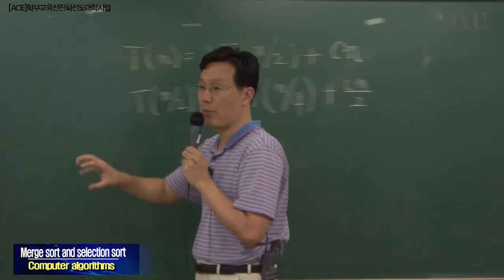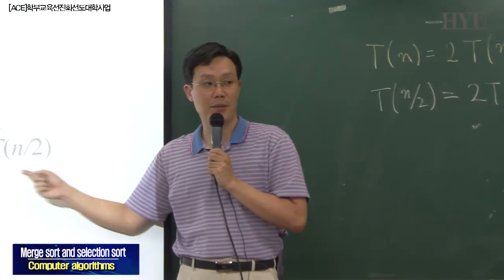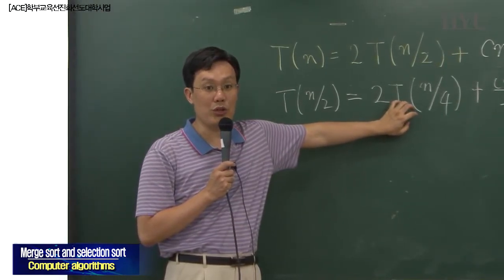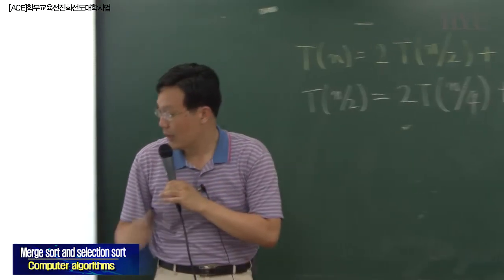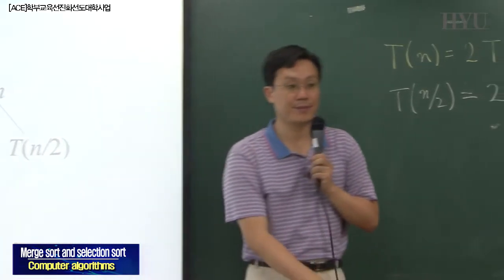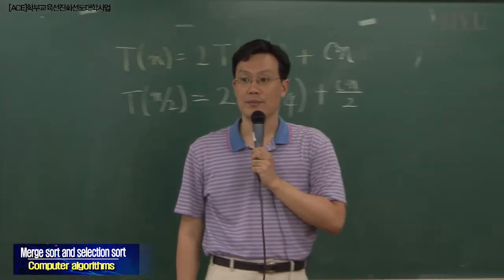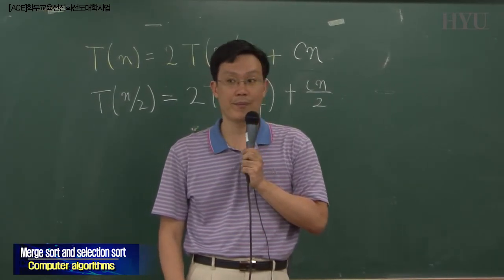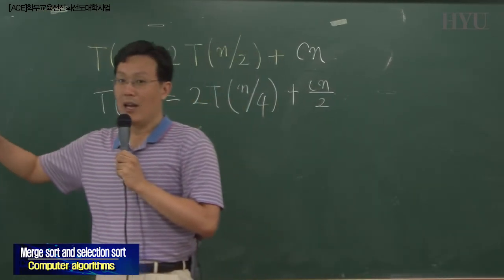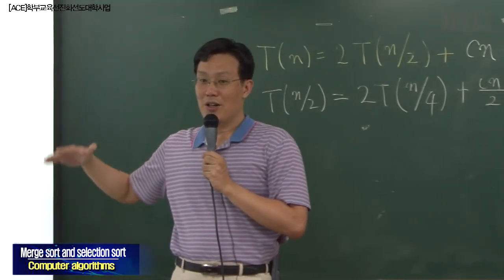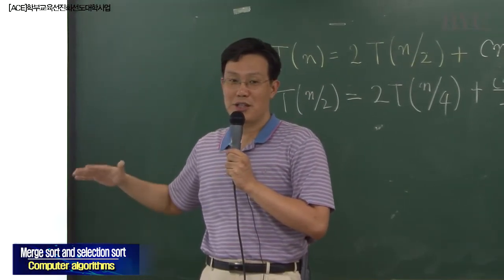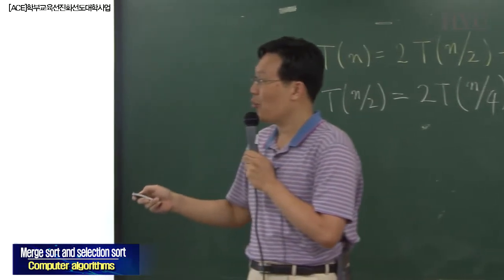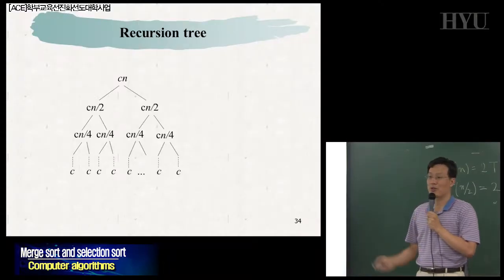Then we further replace this term by the right-hand side of this equation. Then we will get this. Okay? And we do this until we reach the bottom. Then we get this recursion tree.